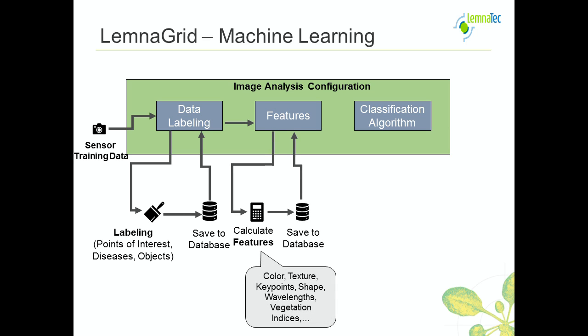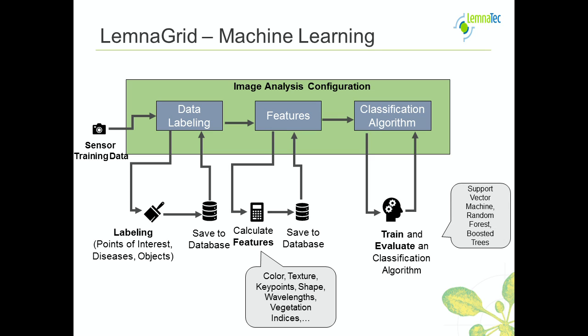In the next step, you calculate the features. For feature extraction, you can use color information, texture, key points, shape, edges, or, depending on the sensors in the system, different vegetation indices or wavelengths if you have hyperspectral data.